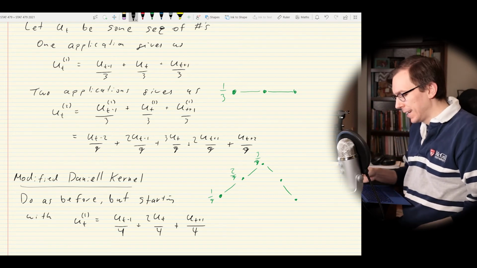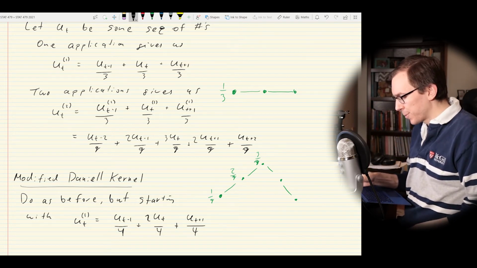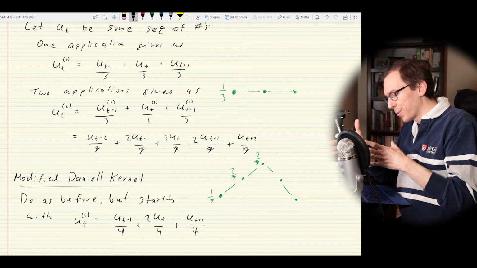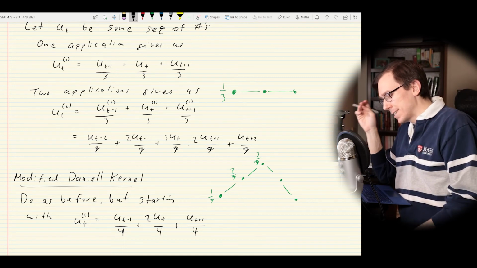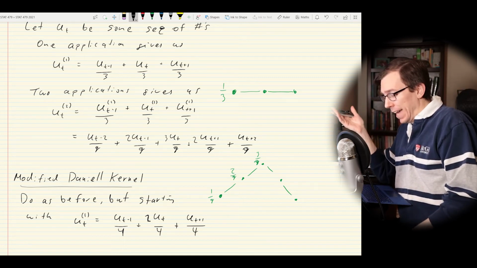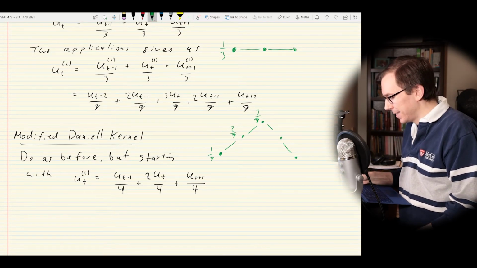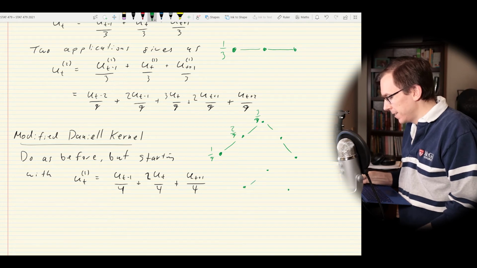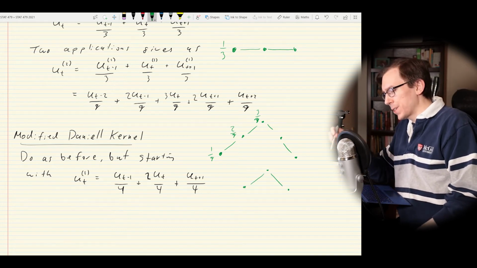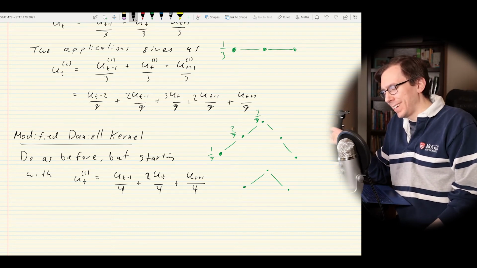So it's the same thing, but now we're giving the middle guy a bigger weight, and the 2 edge pieces a little bit less of a weight. You're already starting in a kind of triangular shape before proceeding forward. So it's just a slightly different way of starting the whole thing.